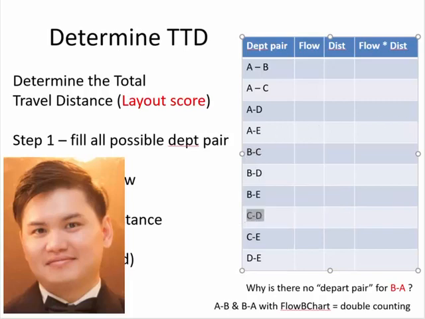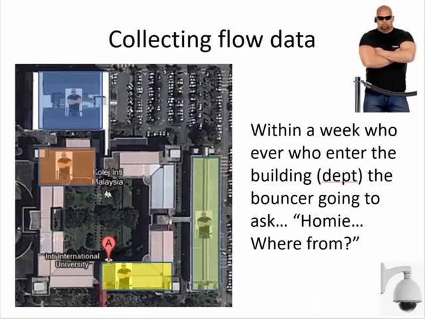Now why? As we discussed earlier on how to collect flow data, this flow or interaction or travel needs to be conducted across a boundary, in the sense that the student needs to go over to another building where the observer is at, hence that travel is being observed.